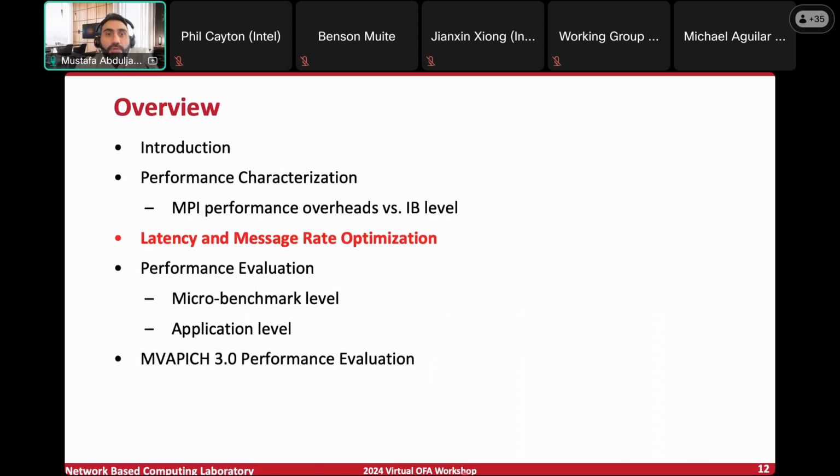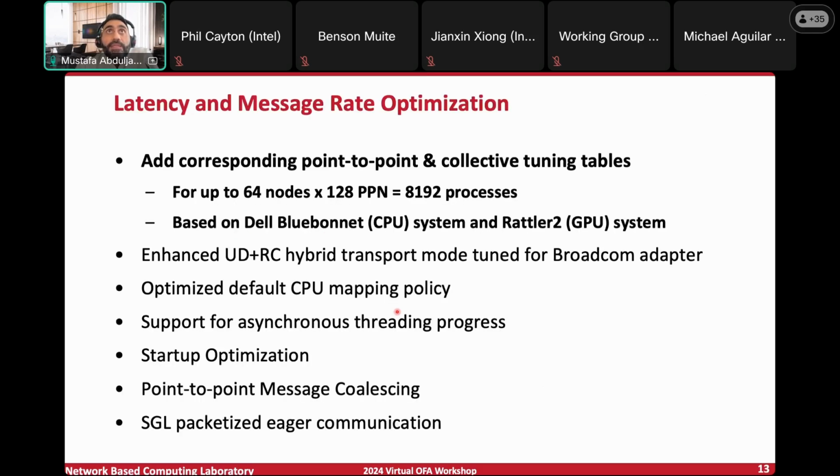Now we talk a little bit more about the latency and message rate optimizations that we applied. To start off, usually when we are targeting new clusters, we apply rigorous point-to-point and collective tuning. For each cluster, we build tuning tables that factor in the HCA, the microarchitecture, the interconnect, and other features of the system to be able to produce algorithms that are as efficient and lowest latency as possible on the cluster of interest.